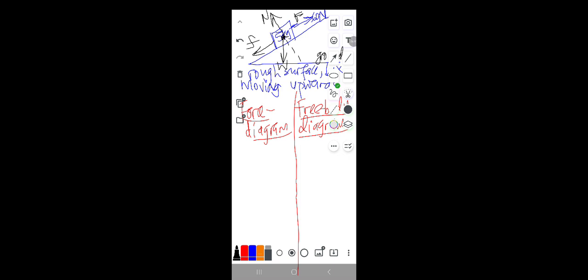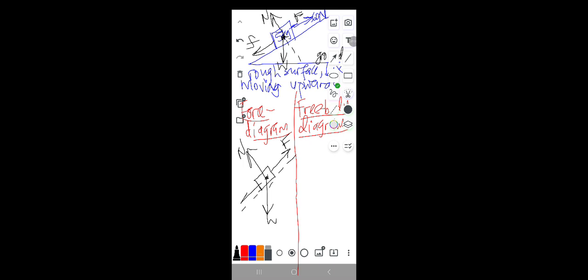So when you're drawing our force diagram, it must be inclined. I'm drawing those dotted lines so that, guys, you don't make a mistake. I'm having my weight always acting down to the ground. Then there's the force applied acting parallel to the surface.